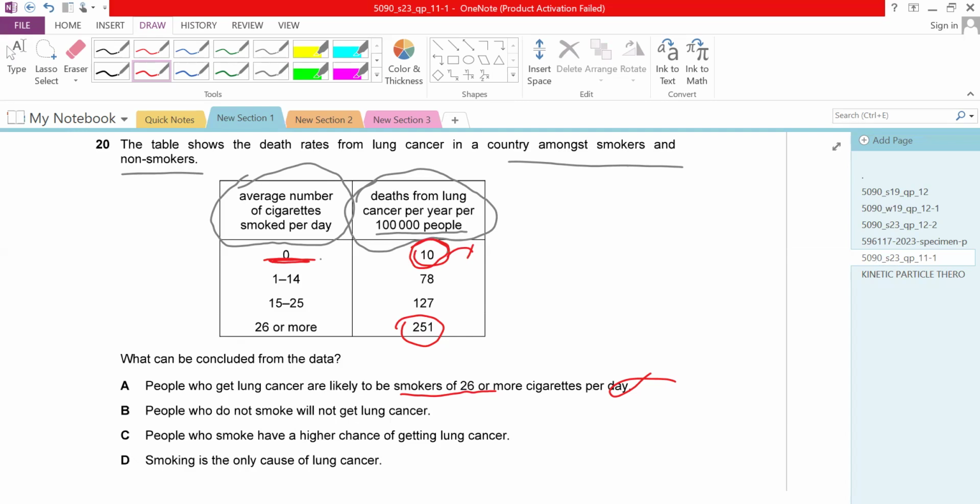People who smoke have a higher chance of getting lung cancer. Yes, in the overall data you can see that people who smoke have a higher chance. The more they smoke, the more the chances increase. So option C seems correct, but let's read option D too. Smoking is the only cause of lung cancer. No, smoking isn't the only cause, because when 0 people are smoking, 10% of them still have lung cancer. So option C is correct for question number 20.